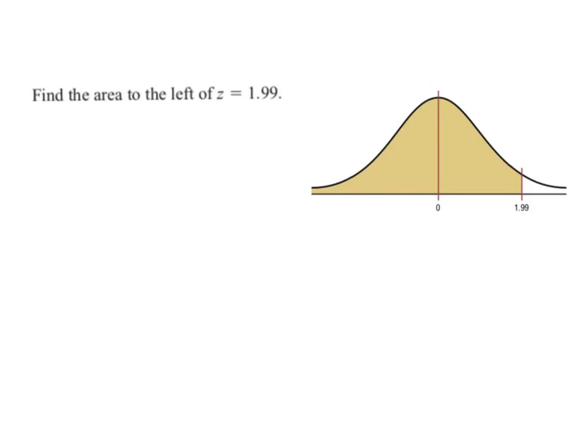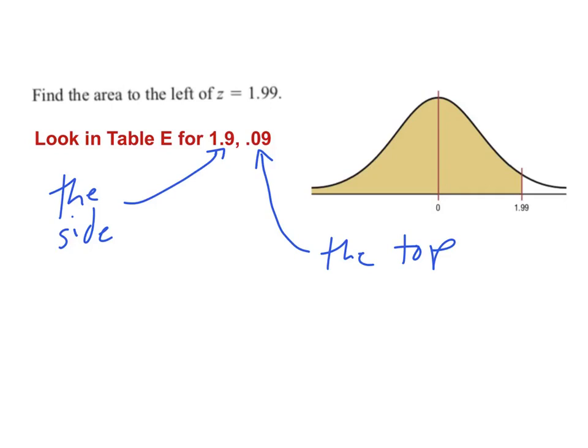So here's how you read the table. Look at Table E. The side column is going to be everything to the tenths place. So the 1.9 is the tenths place, and it's always going to go like that. You're going to split between the tenths and the hundredths.